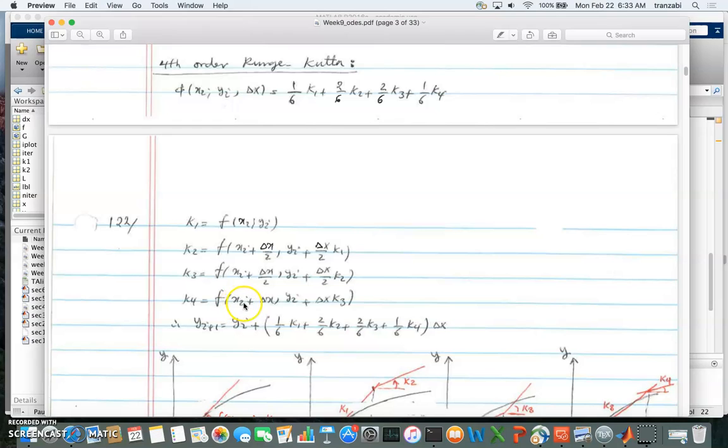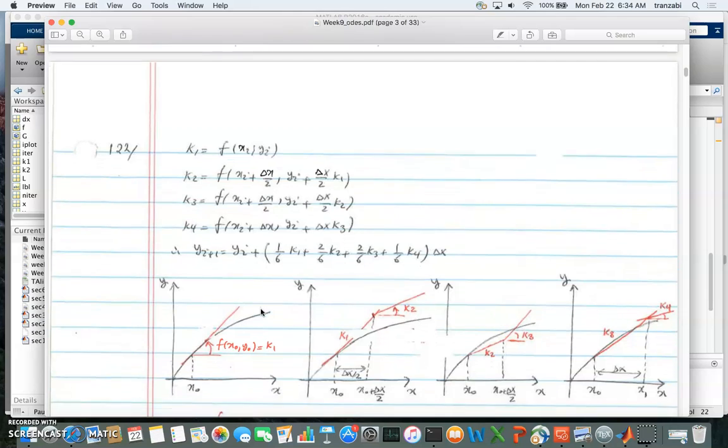Now for k4, we add a complete delta x to xi, and then delta x times k3, which we just calculated, is the y component of f. Now that we have the 4 k values, we get the weighted average of them: k1, 2k2, 2k3, k4, all divided by 6 times delta x gives us yi plus 1.